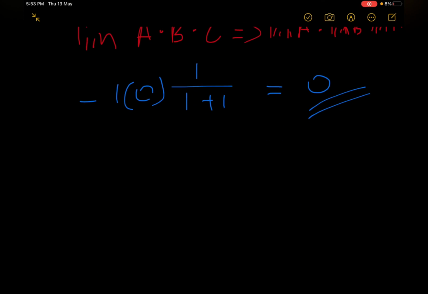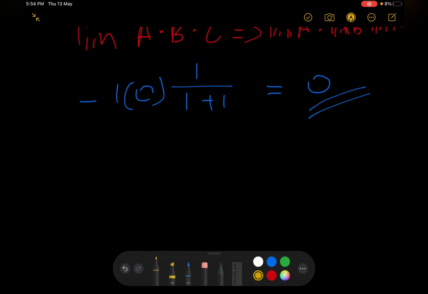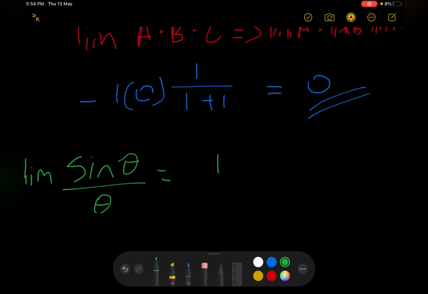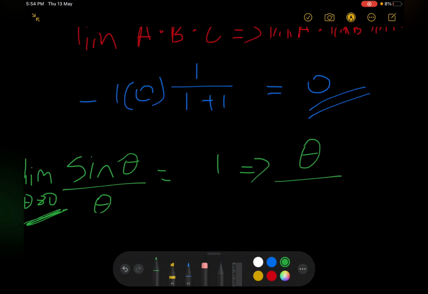One more thing that we must note is that sine theta over theta equals 1, and remember this is the limit of sine theta over theta as theta approaches 0. This is important. It must be approaching 0 for this to be true. So the limit as theta approaches 0 of sine theta over theta is equal to 1. By that same principle, theta over sine theta equals 1.